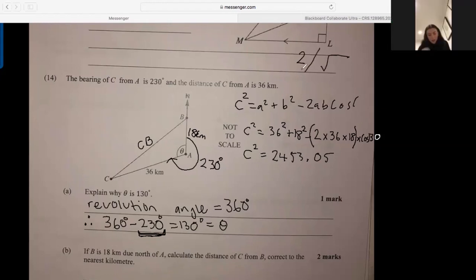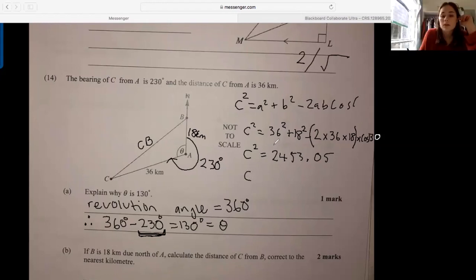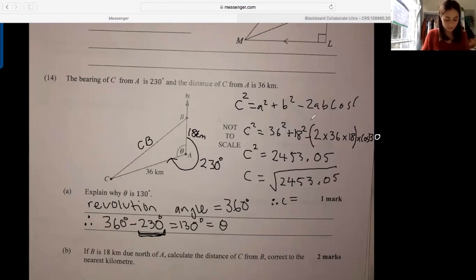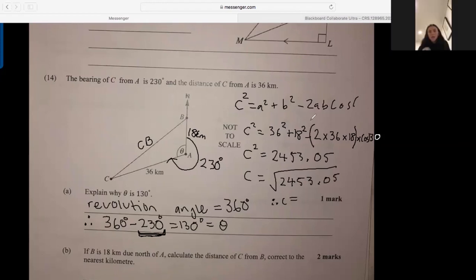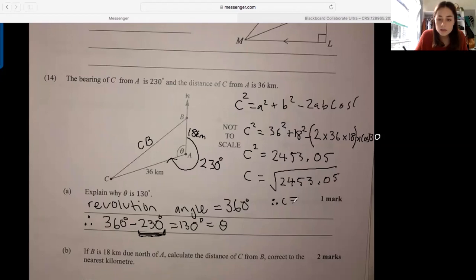So we'll put our answer into a square root, and then therefore C equals... Did you get 49.52? Yeah. And then it says to the nearest kilometer, so we can just say 50 kilometers.